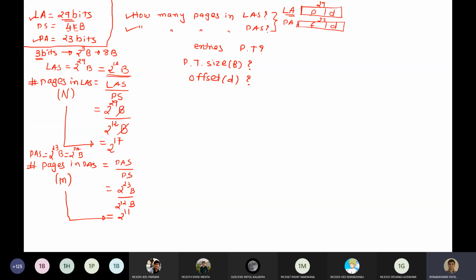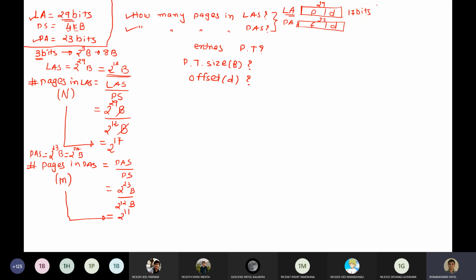That is P. So what will be the P? It will be 17 bits, your small p. Because there are 2 raised to 17 entries, and I have to give them unique addresses, how many bits do I need? 17 bits.